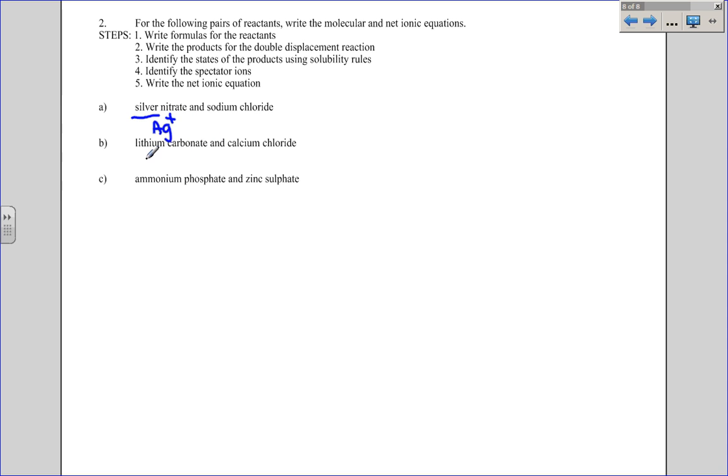What I like to do for these is actually just write out my ions at the top here before I get started, because then I'm set to go for my double displacement as well. So the ions that I'm dealing with are as follows. So my reactants are lithium carbonate, which is Li2CO3, and calcium chloride, which is CaCl2. Okay, and both of these, by the solubility rules, are aqueous.